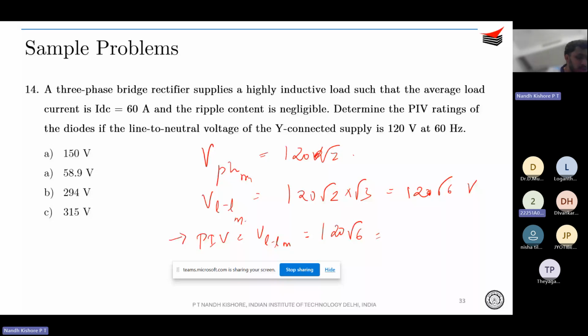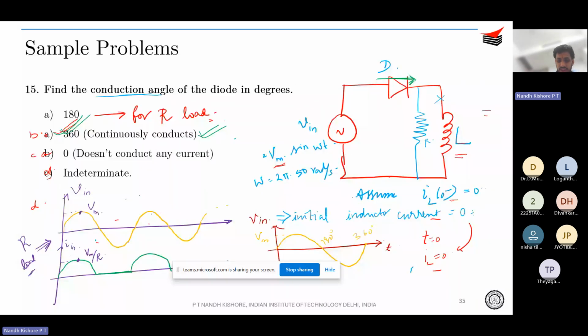Somewhere around 293.93 volts. So the answer is 294 volts. Yeah, so this is the correct answer. And we just saw this question in the first. So we have completed today's.